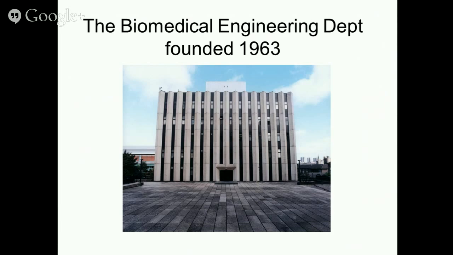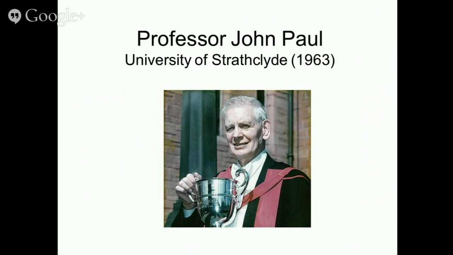This was begun by the man who was my head of department when I arrived for my own PhD, Professor John Paul. And John was a remarkable man. He was a lecturer in mechanical engineering at Strathclyde, and he was approached by the professor of orthopedic surgery here in Glasgow to try and solve a problem.